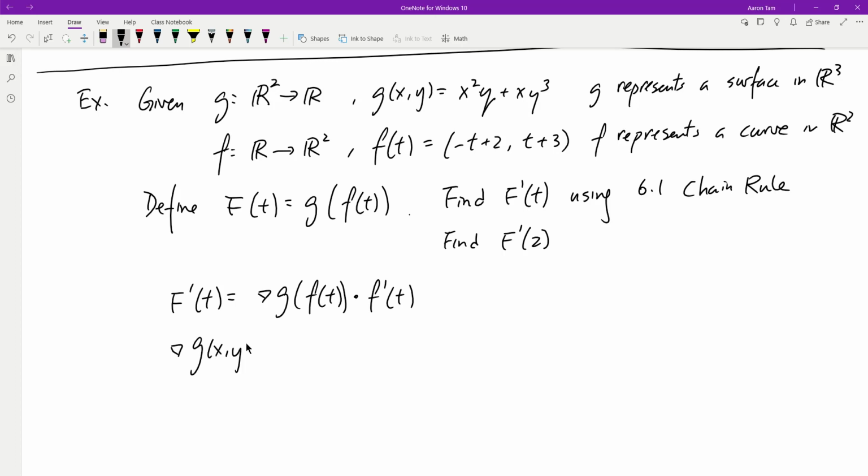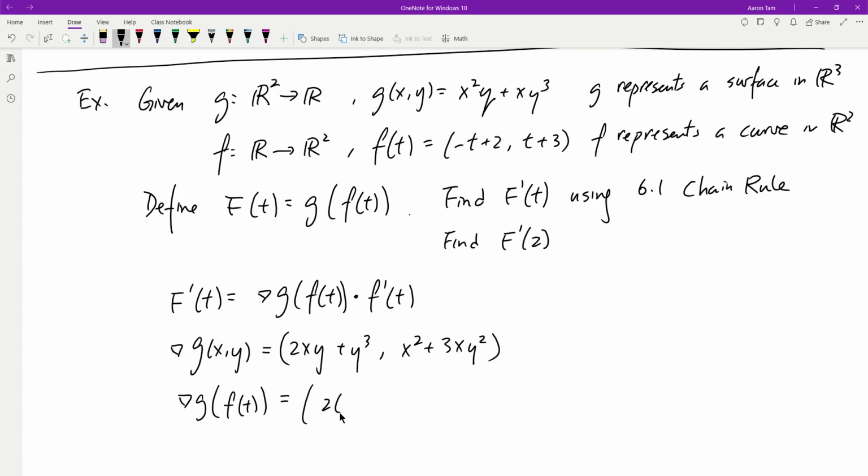Gradient of g of xy would equal to 2xy plus y to the third, comma x squared plus 3xy squared. So if I plug in gradient g of f of t, then what I have will be the following.